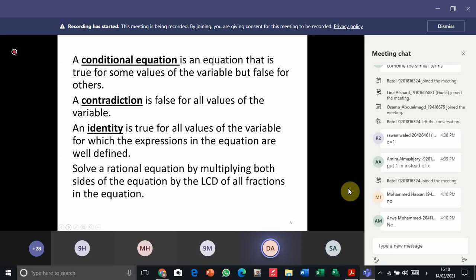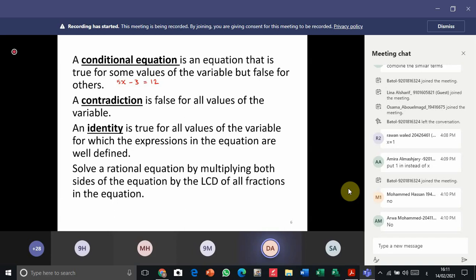Conditional means we have some value of x that makes the equation correct. Some, not all values of x. For example, 5x minus 3 equal 12. In this equation, this is conditional. Why? Because we have a solution, and only one solution.